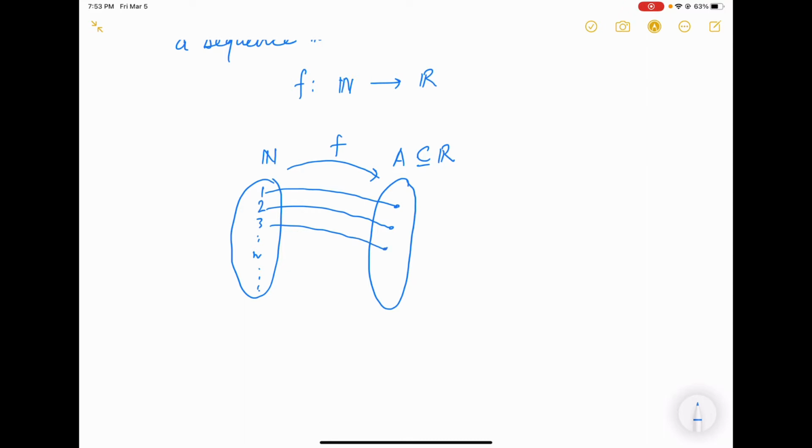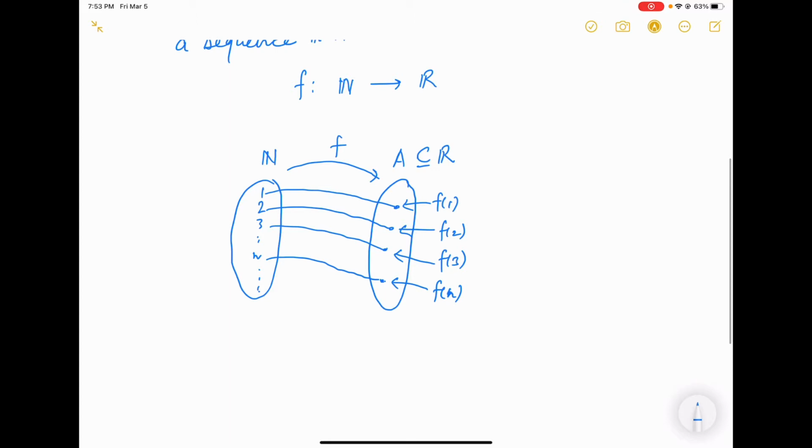And what does this point represent? This element represents F1. This is F2, that is the image of 2. This first element is the image F1, and this is F3. And similarly, n maps to an element that is Fn.